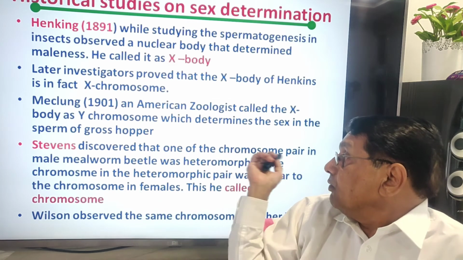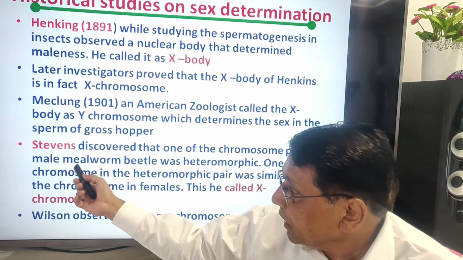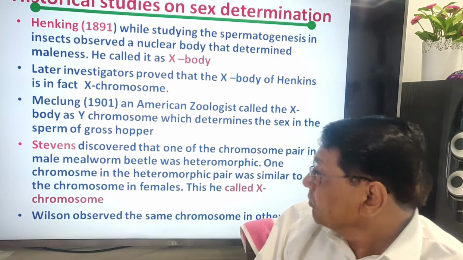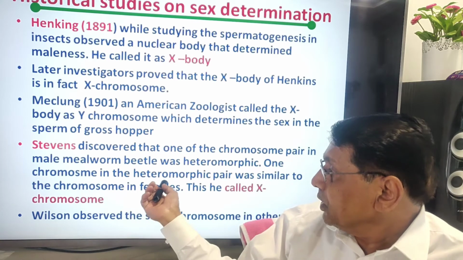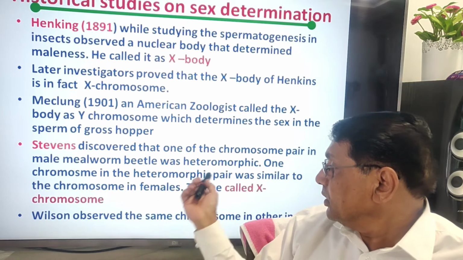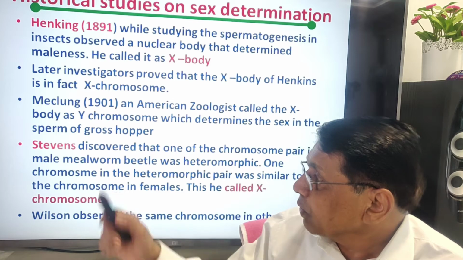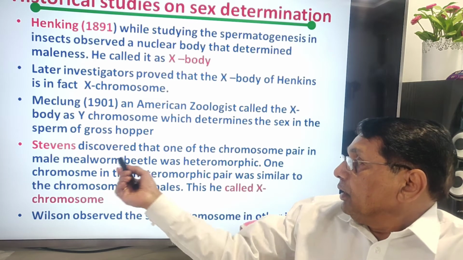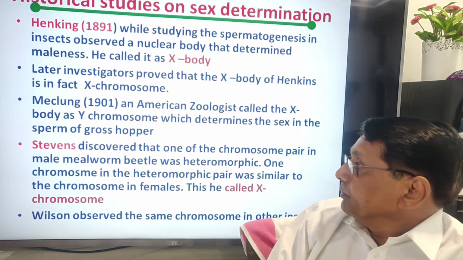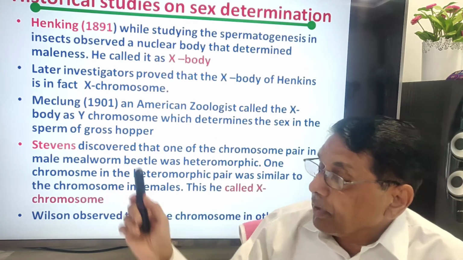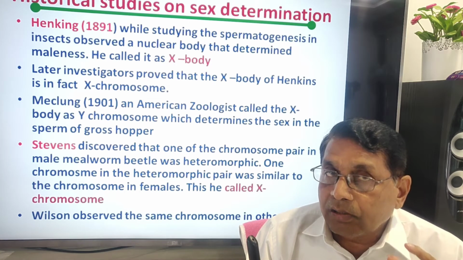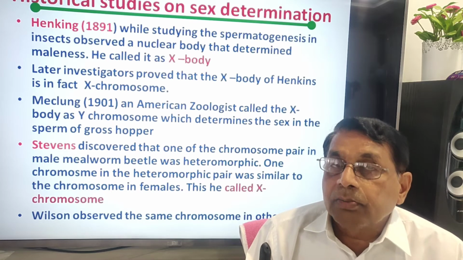Stevenson discovered that one of the chromosomes in the male mealworm beetle was heteromorphic. One chromosome in the heteromorphic pair was similar to the chromosome in the females. This is called the X chromosome. Heteromorphic means the two chromosomes in the pair are different, either in width or in length or with respect to the centromere position.